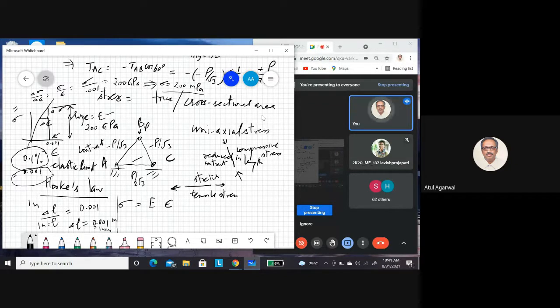You see, 1 meter bar changes only by 1 millimeter elastically. If you try to apply more load, then it will not go back. It will contract this 1 millimeter because whatever happened was elastic. But after that, whatever deformation occurs, that will occur plastically. That part of the deformation will not go back. Any doubts?